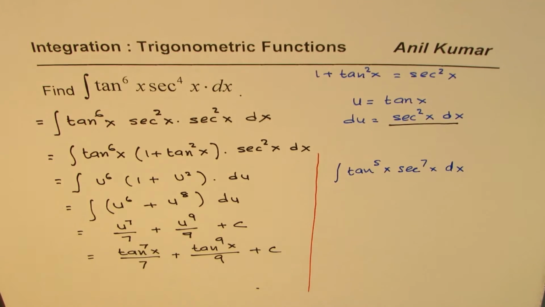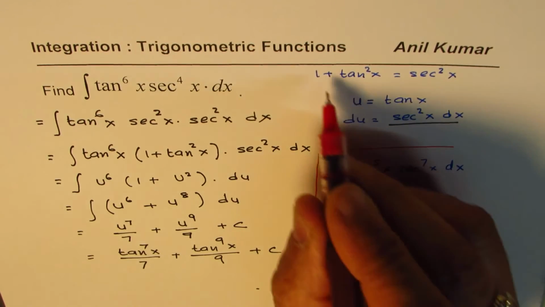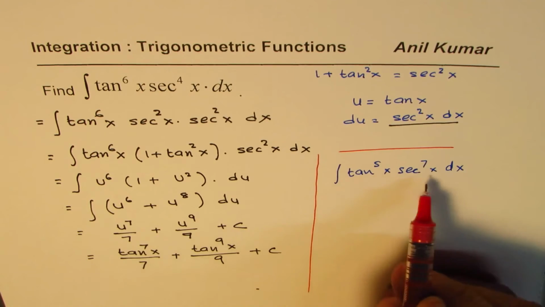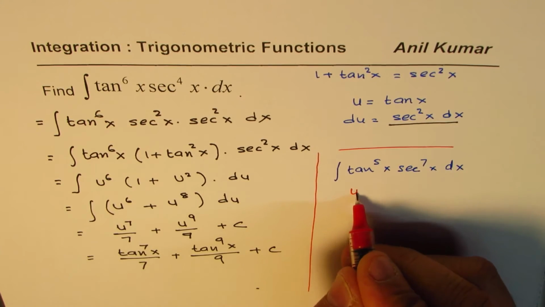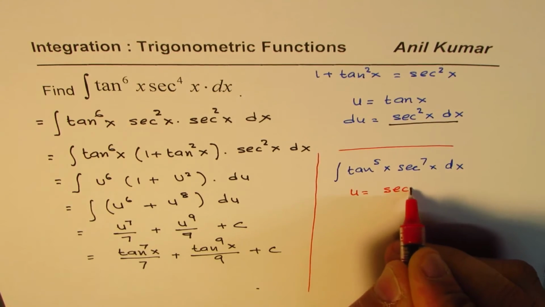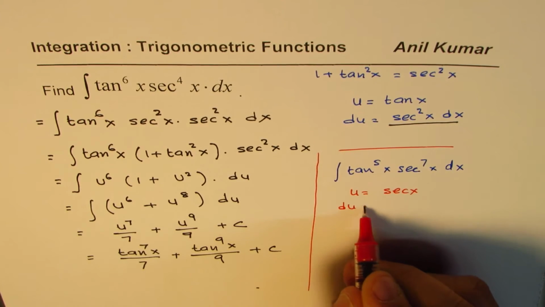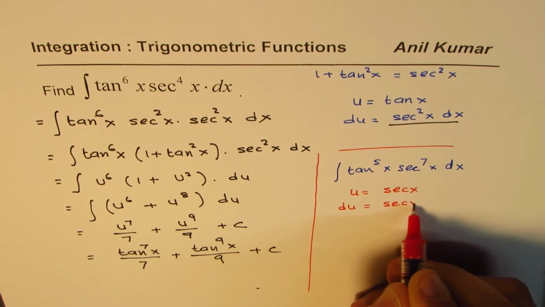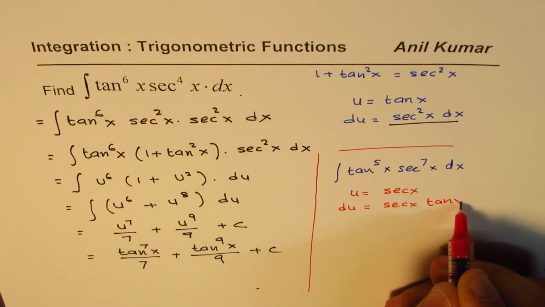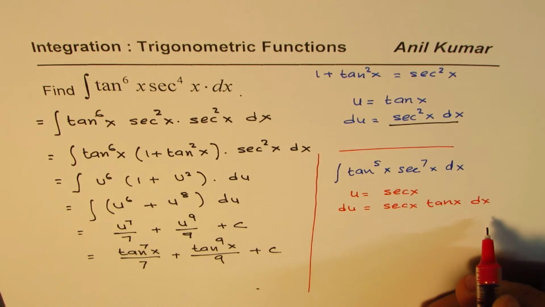Now in that case, what strategy would you use? Well, this formula remains as such. If I write u equals secant x, in that case, what is du equal to? du is secant x tan x dx, right? So that is how we'll be related.